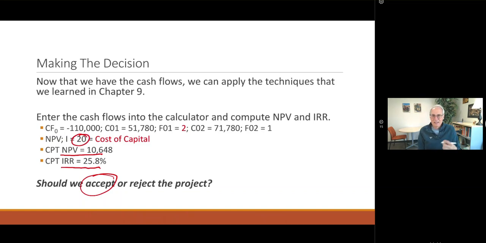So we are making more than our cost. This is our cost, and this is our return. So this is kind of like our benefit, if you will. Okay, we are making 25.8%. Money's costing, or our hurdle rate is, 20%. So we should be adding value to our business. Okay, and that's how we would make a decision.